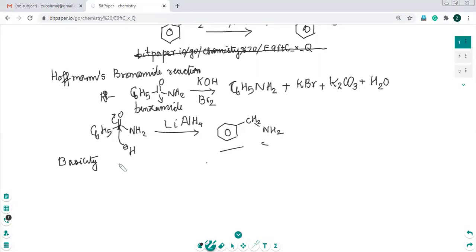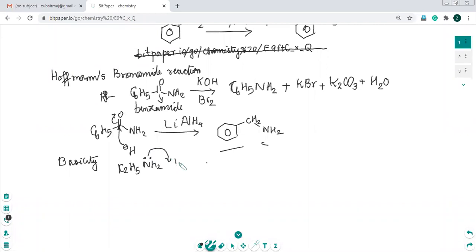Now, amines are basic compounds. For example, C2H5NH2. What is a base? A base is a substance which is ready to donate a pair of electrons.